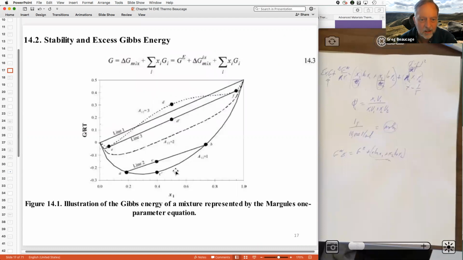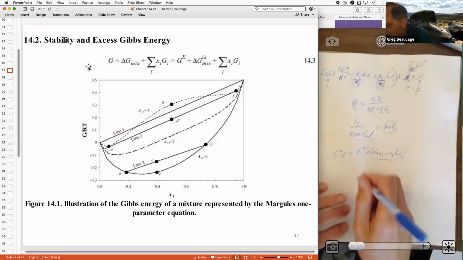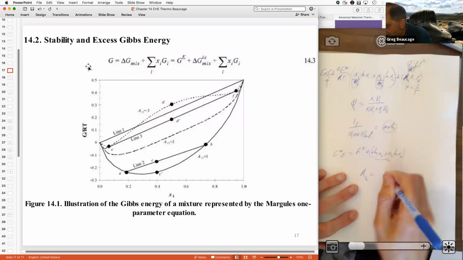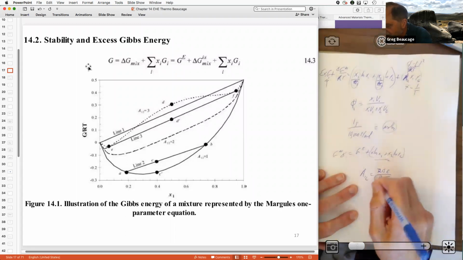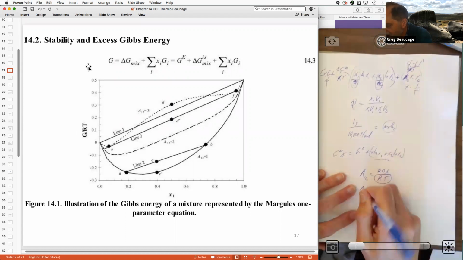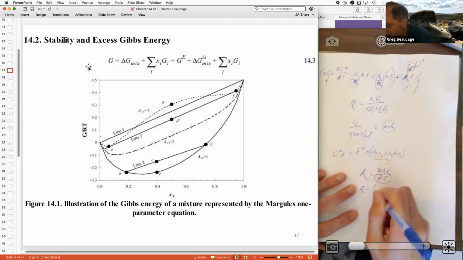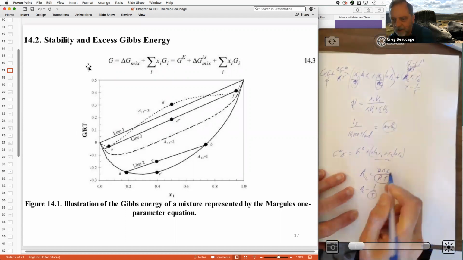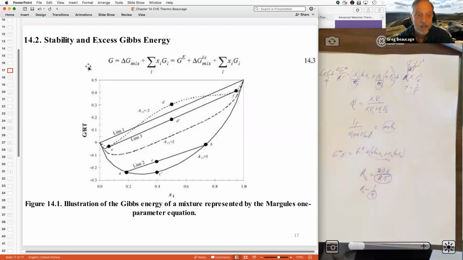These are different temperatures, because A12 is this average energy times the coordination number divided by RT, so as temperature goes up, A12 changes. A12 is like the temperature on a different scale, an energy scale based on the average energy.